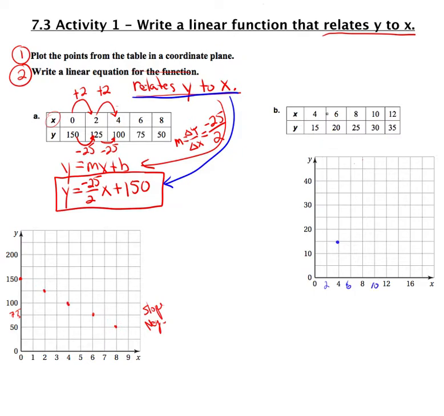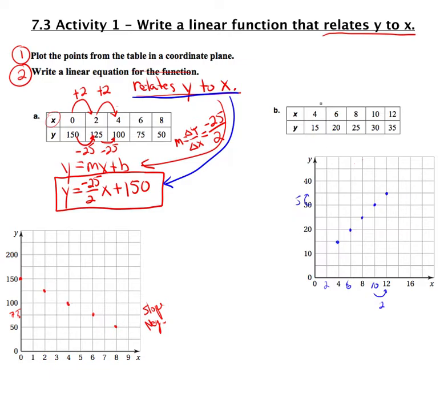So 6, 20, 8, 25, 10, 30, and 12, 35. So it looks like it goes over 1, up 1, but remember we have to look at our scale. It's actually going up 2 on the x's and going up 5 on the y's.